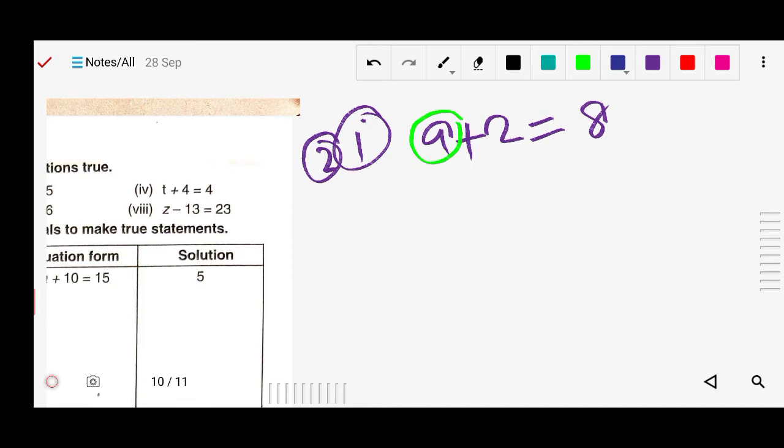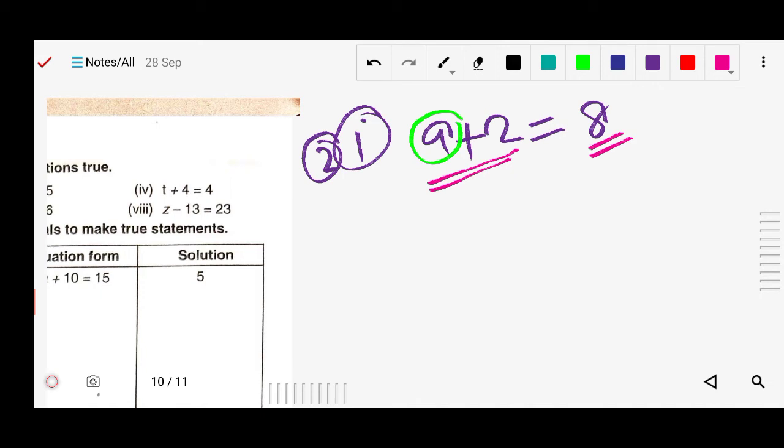First, one more thing I want to add here, just try to understand. This is called the left side, this is called the right side. One more thing we can do is make a group of similar terms, like terms. Like terms means the same type of quantity: same type of number, same type of variable, same type of constant, and we will put them on one side.